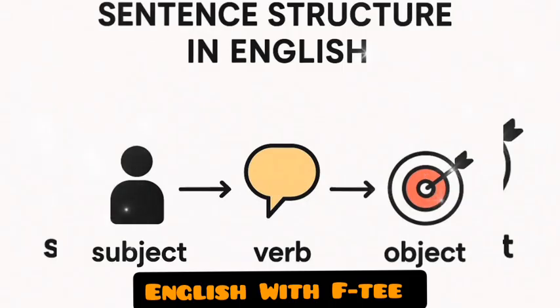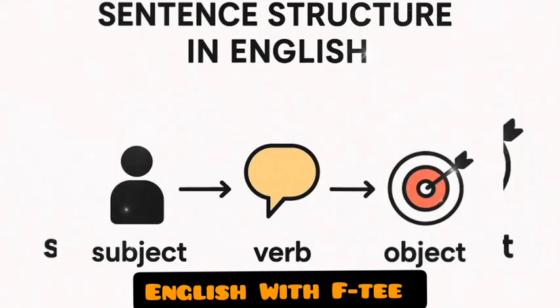Adjunct subject verb object, ASVO. Adjunct subject verb indirect object direct object, ASVIODO. And finally, adjunct subject verb adjunct, ASVAA. So let's see some examples that will help you understand how each sentence structure works.